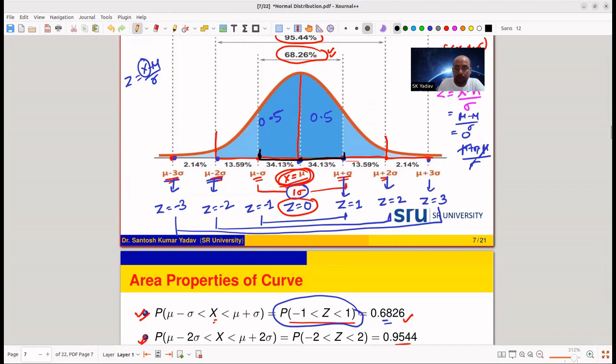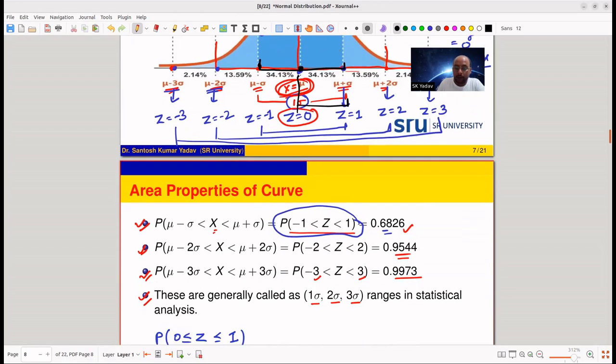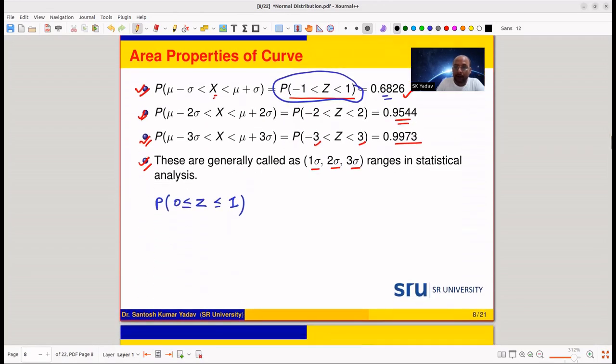I want from z equal to 0 to z equal to 1, that means this region. So this is 68 divided by 2, that is half of 1 sigma. So I can write this as equivalent to -1 less than or equal to z less than or equal to 0, and this is half of 1 sigma. So 0.6826 divided by 2, which is 0.34 up to 2 decimal places.